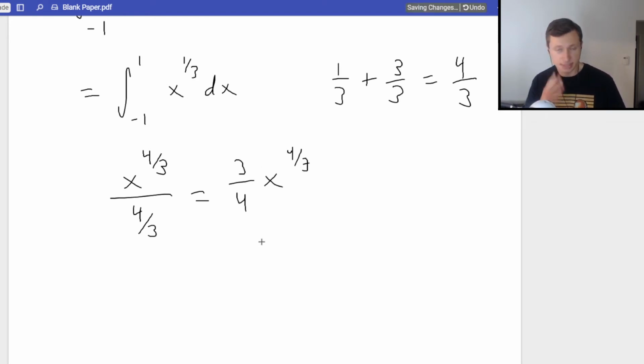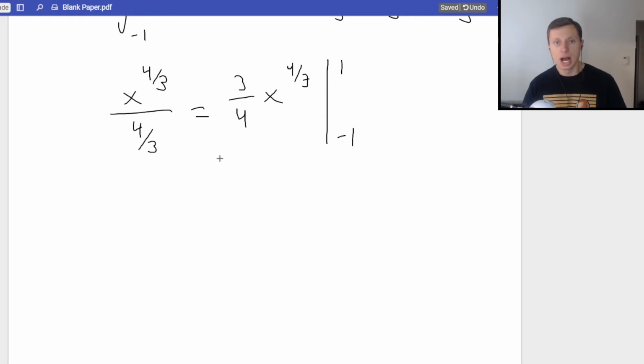We talked about this. And then I need to take the bounds. I have 1 up top, -1 on the bottom, and again I'm going to plug in 1 first into x and then subtract when I plug in -1. Now I'm going to tell you this, you have 2 options here because we have a coefficient of 3/4. I'll write out both and you can decide which one you like. The first way is I would say the straightforward way.